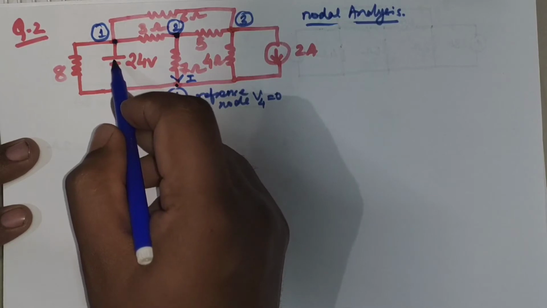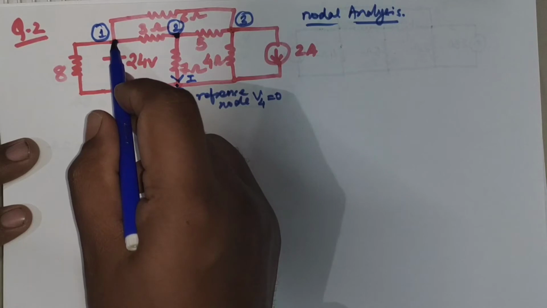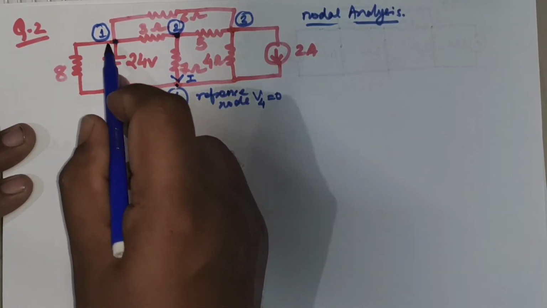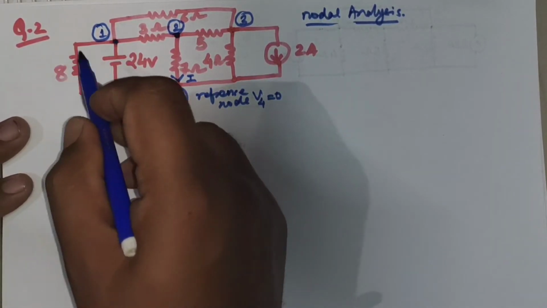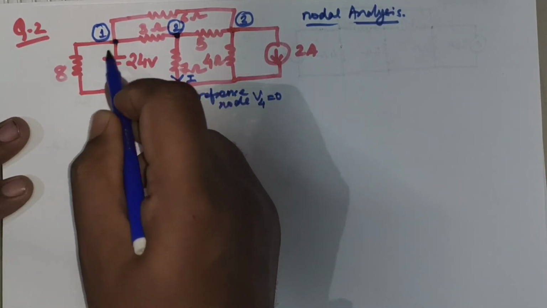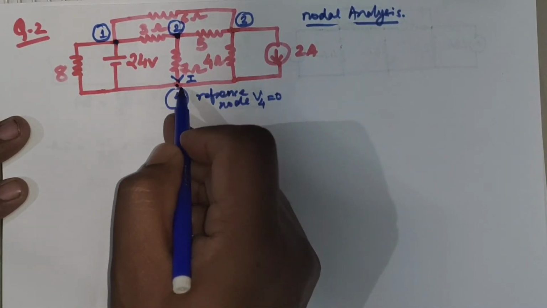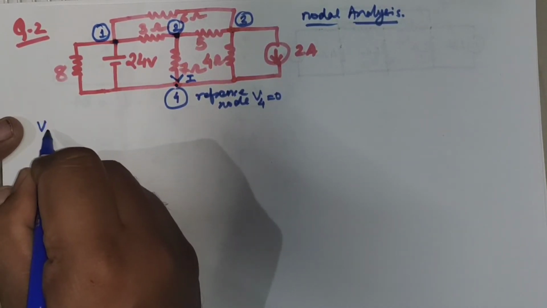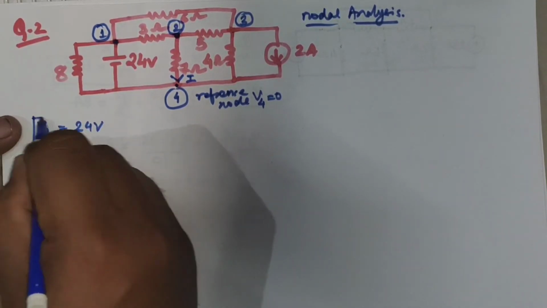It is 24 volt, because the plus point is connected to node 1 and the minus point is connected to node 4. There is another parallel branch of 8 ohm, but it will do nothing. We can easily find this node voltage just by looking at the 24 volt source: plus is connected to node 1, minus is connected to the reference node. So V1 voltage equals 24 volt.